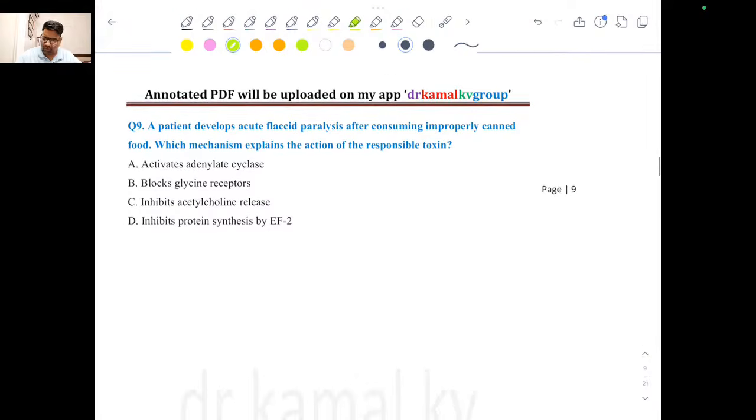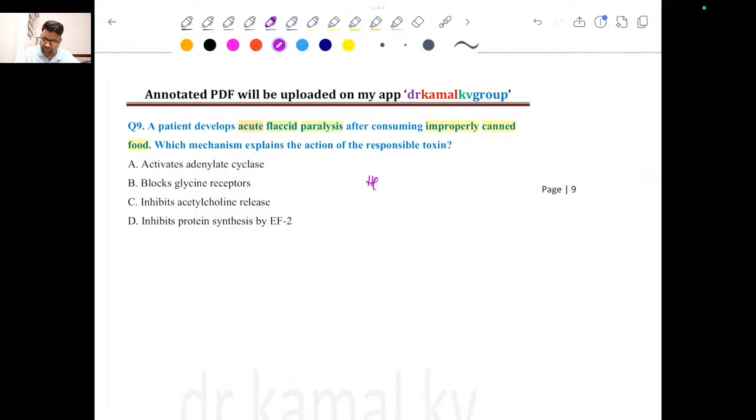Then moving forward to next question, a patient develops acute flaccid paralysis after consuming improperly canned food. Which mechanism explains the action of responsible toxin? Now I think most of you can answer.